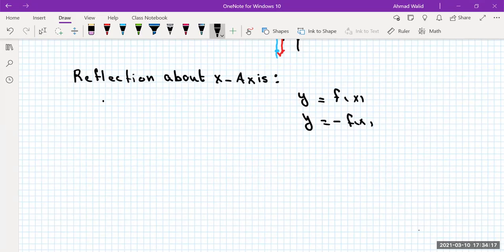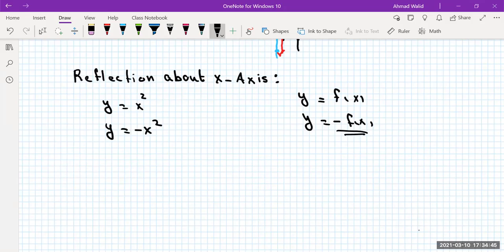Example, if you have y equal x squared, and someone asks you to find the reflection about x-axis, do this: y equal negative x squared. The negative of your function, you see, is the reflection about x-axis.